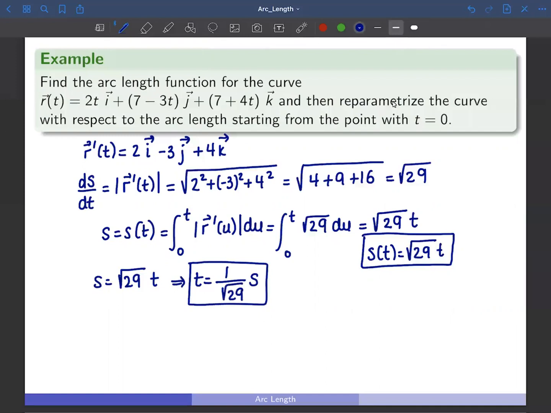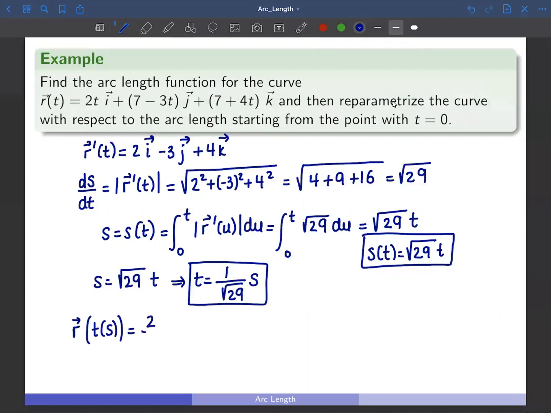So substituting t equals 1 over the square root of 29 times s into the original equation will give us the vector equation of the curve, r with respect now to s, equal to 2t. So we have 2 times 1 over the square root of 29 times s.